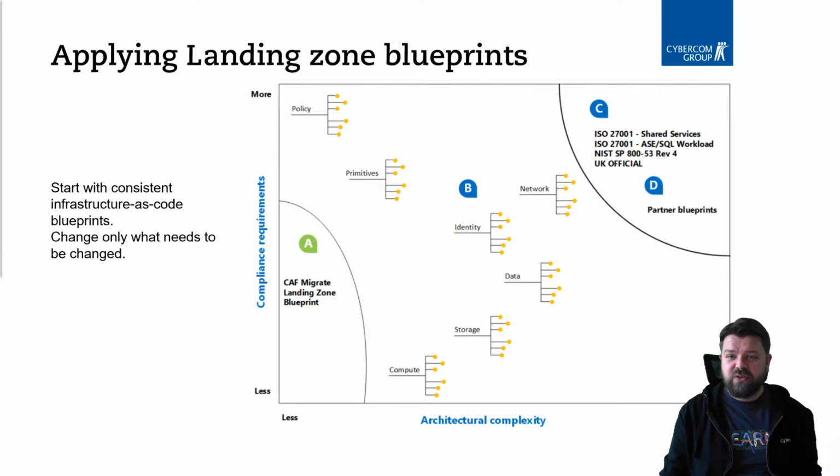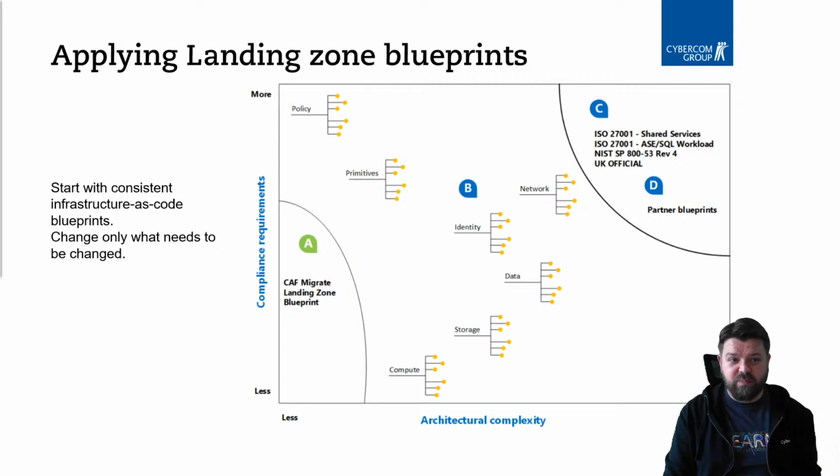Right. So, landing zone blueprints. If you go into the Microsoft Azure documentation and look at the Cloud Adoption Framework, which is very good documentation, it has a lot of the stuff I talk about, and a lot of examples of what you have available as blueprints.